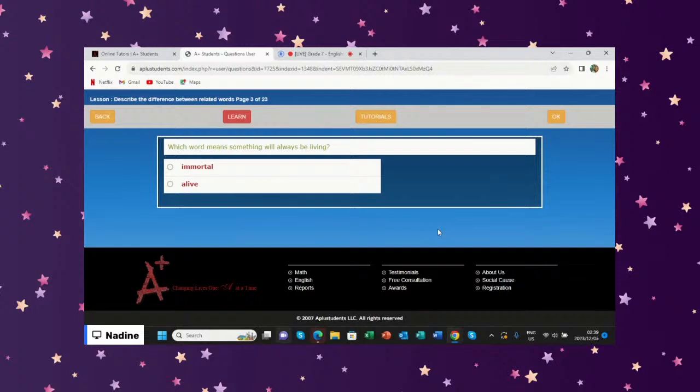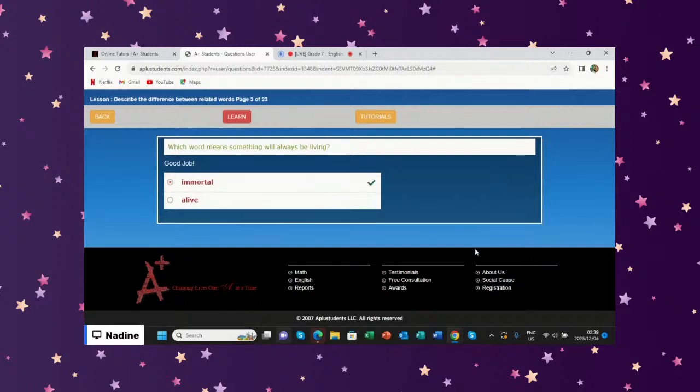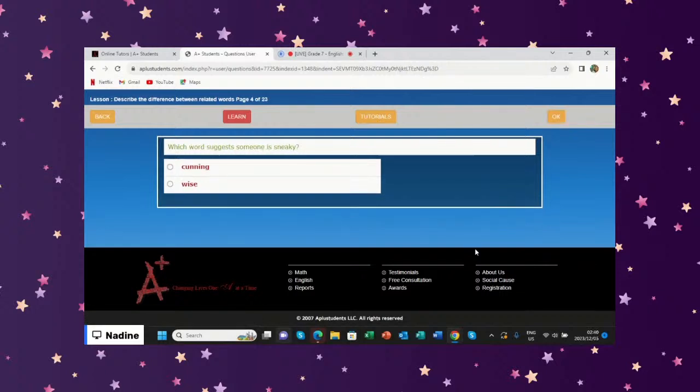So something that will be living forever is immortal, because immortal is forever, never decaying, and never dying. So that will always be living.